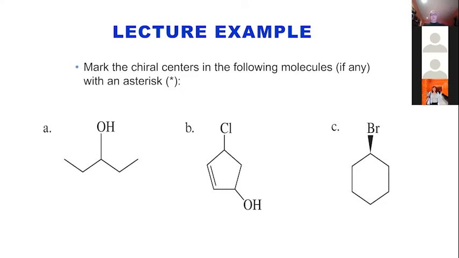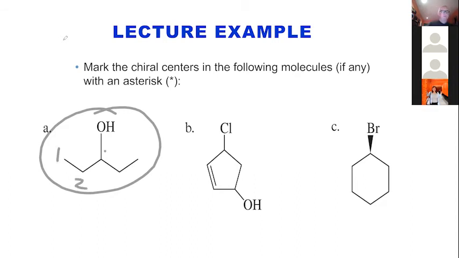So let's have a look at these and see if we can find any chiral centers. So let's look at this molecule first. So we've got 1, 2, 3, 4, 5 carbons. Are any of them attached to 4 different groups?